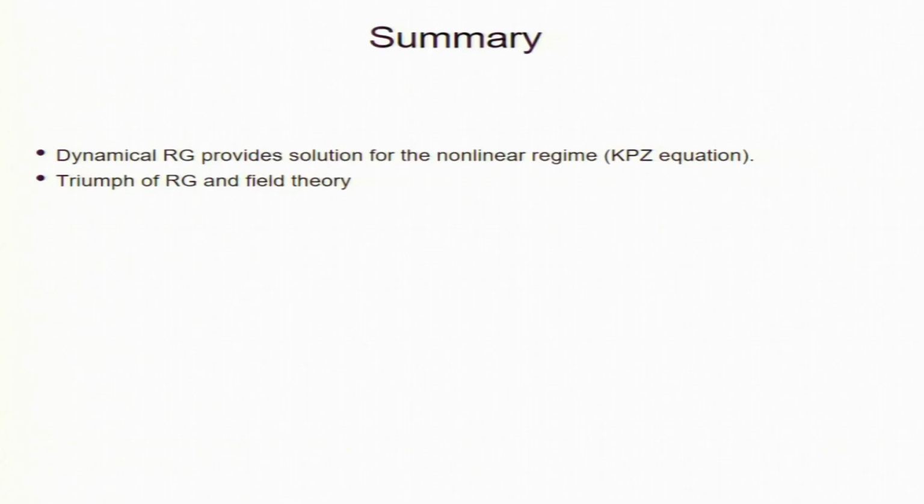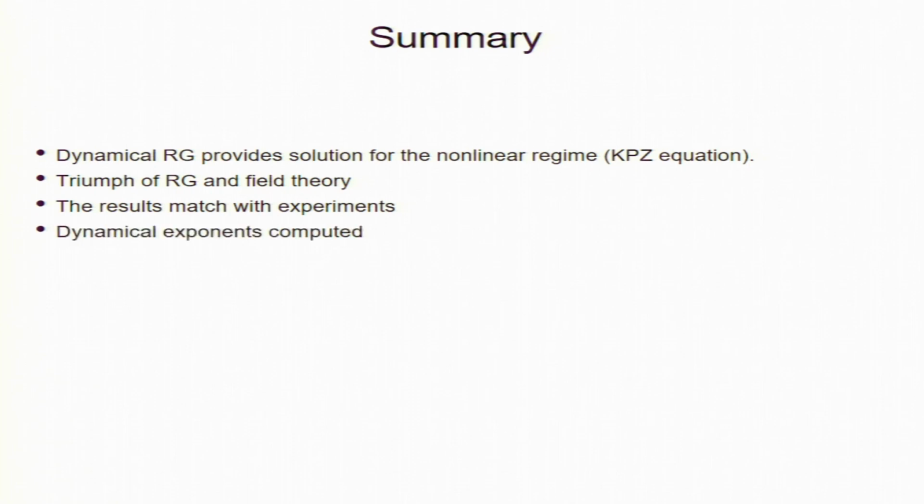This is one scheme, but there are other ways to do it. Anyway, this RG in field theory can be extended to dynamical equations. So, you are doing non-equilibrium RG here. The result matches with experiments, and dynamical exponents are computed by this procedure.